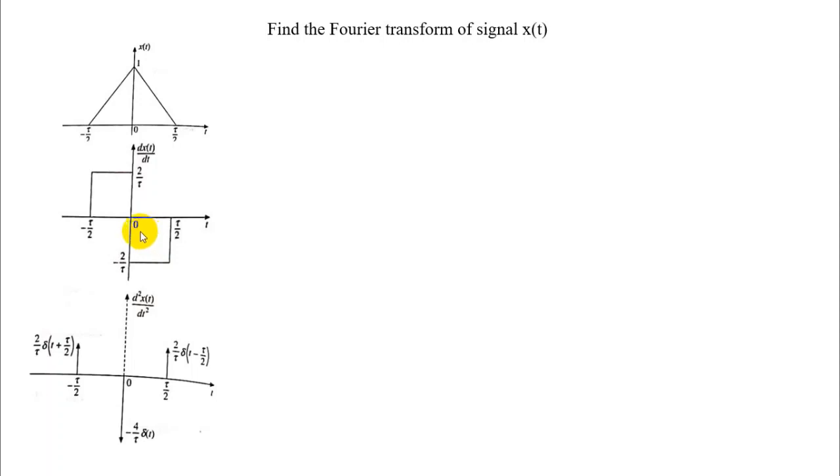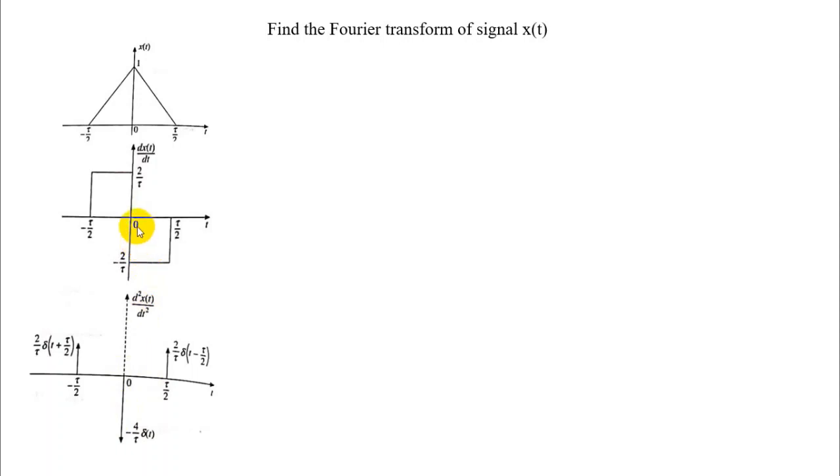Another thing, we also know that after differentiating the unit step function we will get the impulse function. So if we differentiate the whole signal dx(t)/dt, then we will get d²x(t)/dt². In that case this portion represents the unit step, so after differentiating this part we will get the impulse here, and this portion represents, after differentiating, the negative slope here.